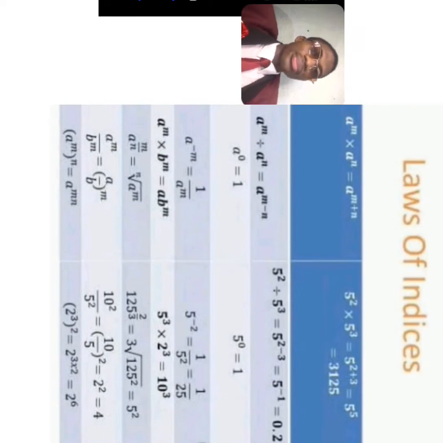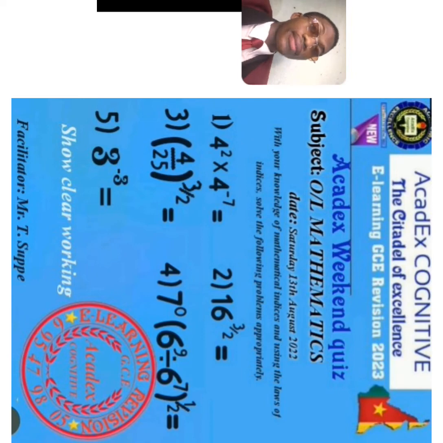Now, we're going to be using the 8 laws of indices to solve the 5 questions that were shortlisted for the Academics weekend quiz, the latest one. From there you shall have a lot more exercises to do, and then you submit them to us to mark in time.